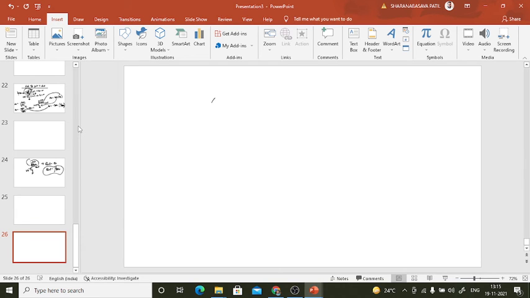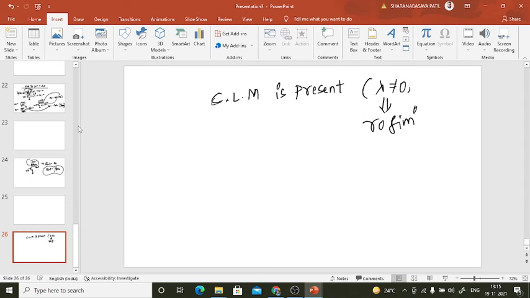If channel length modulation is given, then what happens? Lambda is not equal to 0. This gives R naught a finite value. So how will the circuit look at that time? I will draw it here. VDD. This is connected like this. We are giving Vin to this.